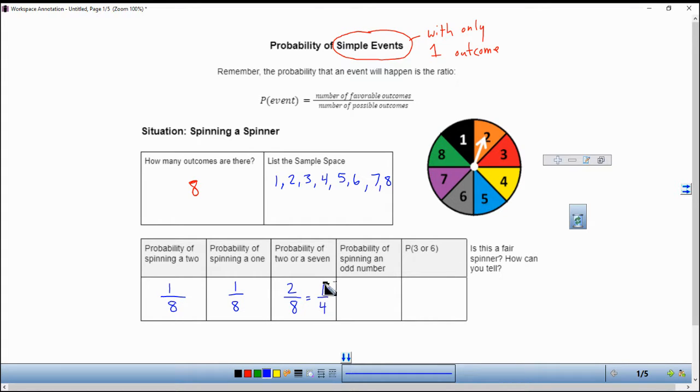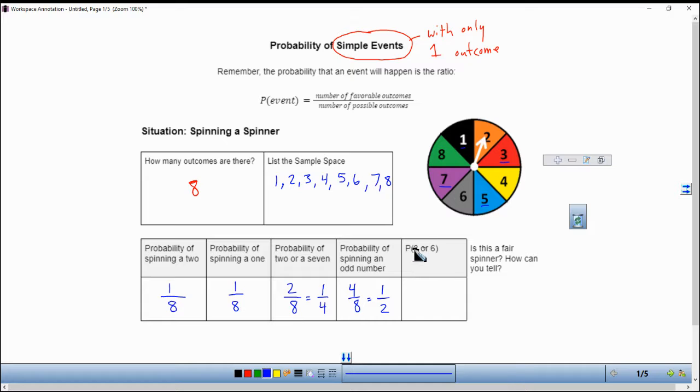That would be the simplified probability, but 2 out of 8 would also mean the same thing. Probability of spinning an odd number. Well, how many odd numbers are there? 1 is an odd number, 3, 5, and 7. So spinning an odd number would be 4 out of 8, which again is equivalent to 1 out of 2.